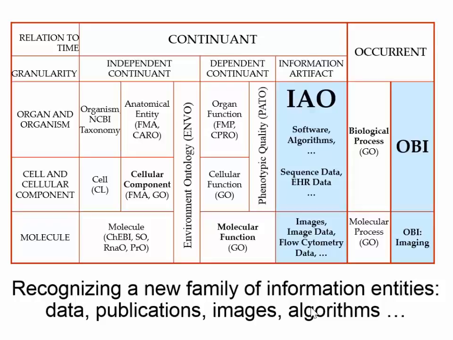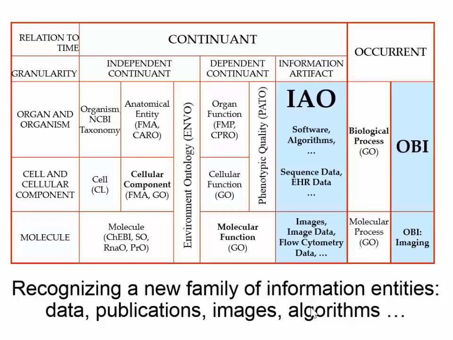My passport is an independent continuant, but the information artifact, which is my passport, it's information content rather than information paper. It's not an attribute of an independent continuant in the way that a quality or a function is, and it's certainly not a process.